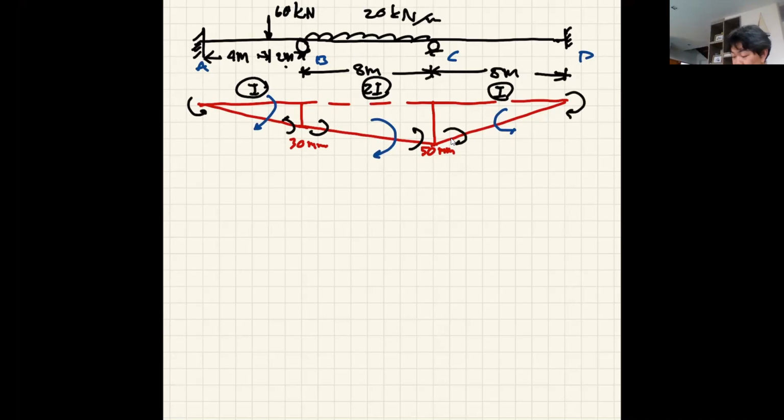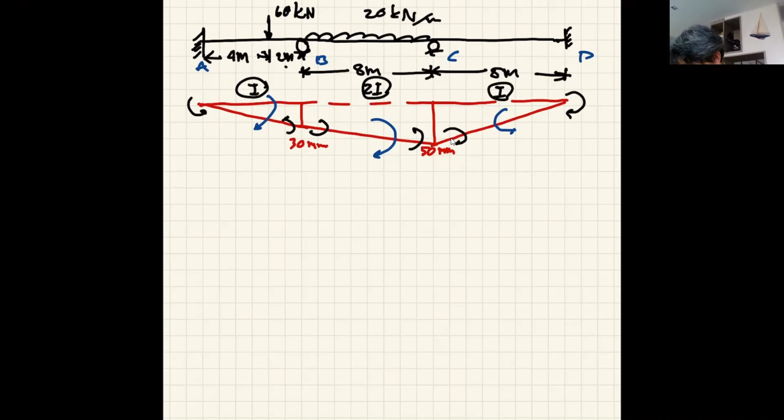Now, before I begin anything, I don't know if you're going to be happy or unhappy to see that in this case you cannot modify anything. There's no simple end support and it is not symmetric. So we just have to hit it head on, okay?